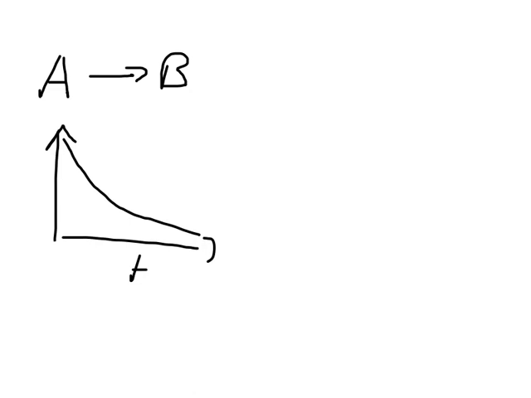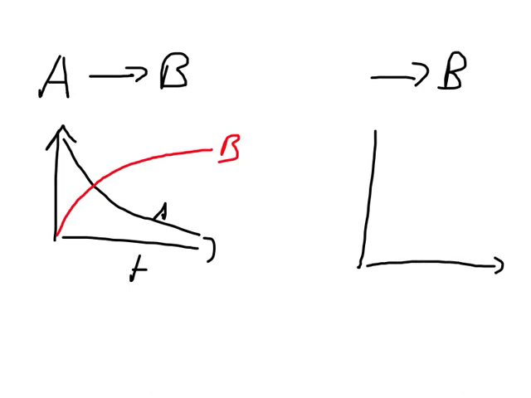And for B, we would see something like that, so that's B, and this one here is A. If we have logarithmic growth, what we would find, with time again, is something like that. So that is our B. And I hope you see the difference between these two things.